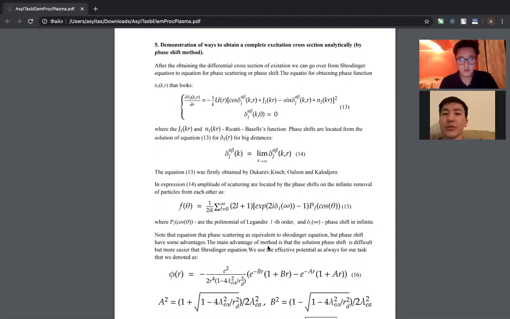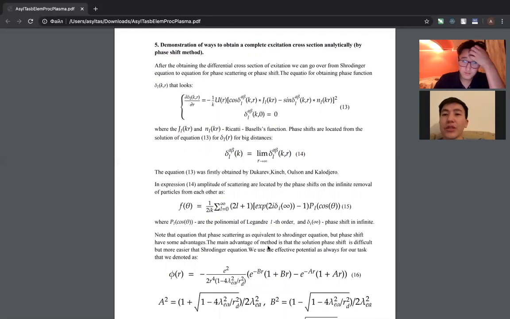Insert formulas where jl and nl are Riccati-Bessel functions, and the phase shift is found from the solution of equation 13 for large distances.